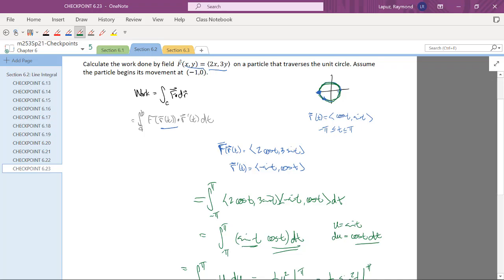Okay? And again, this did not tell us how the orientation should go. Usually that's an important piece of information, but because they didn't tell us, they are probably assuming that we're going to end up with 0 anyways. Because the difference between the orientations is that one is going to give us a positive, one's going to give us a negative, or opposite signs. Okay, I hope that helps.